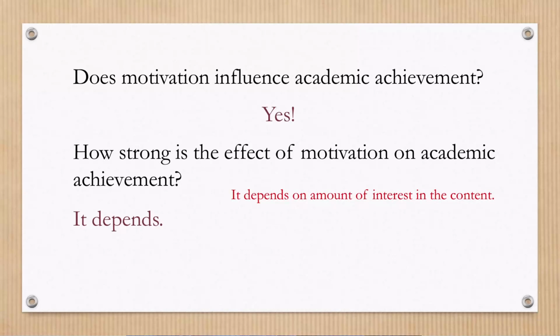On the other hand, it may be that there's another variable that we're not even thinking about, that's not included in our model, that is influencing both interest and motivation. In which case, if we see that it depends on amount of interest in the content, we would say there's interaction, but we wouldn't necessarily consider interest to be the moderating variable. There might be something else going on that is not in our model, something behind the scenes.